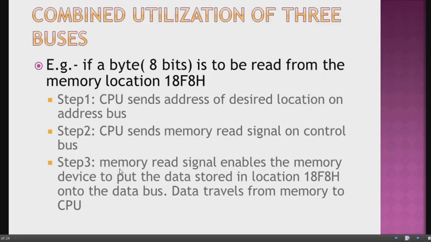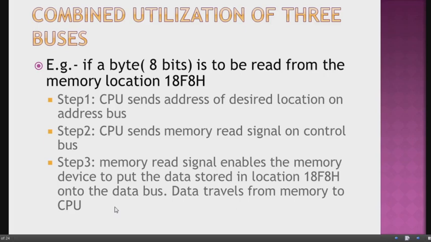So in step 3, the memory read signal will enable the memory device, and once the memory device is enabled, the memory device will put the data which is stored at location 18F8H on the data bus, and then the data will travel from memory to the CPU. This is the utilization of the three buses by the CPU.